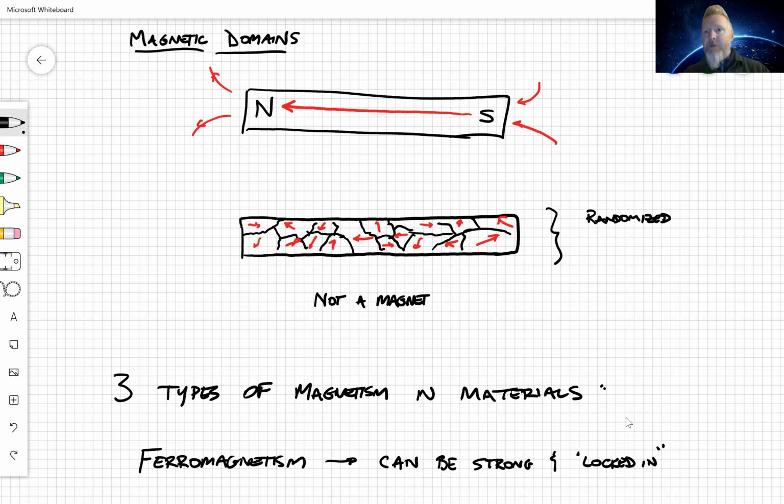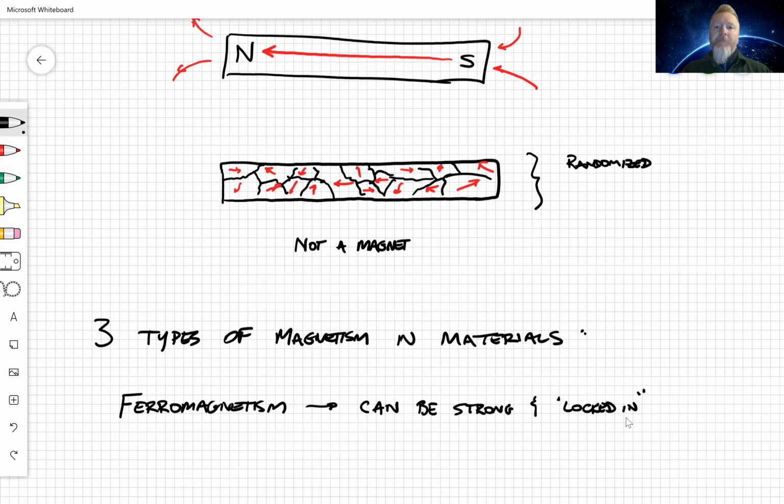Typically, you heat it, or you bang it with a hammer, and then you put it in a magnetic field, in a strong magnet, or between the two poles of a horseshoe magnet. While it's hot, all of the domains line up with the external field, and then you cool it off and lock them in. You cool it off while it's in the field, and then they all lock there and become a magnet.